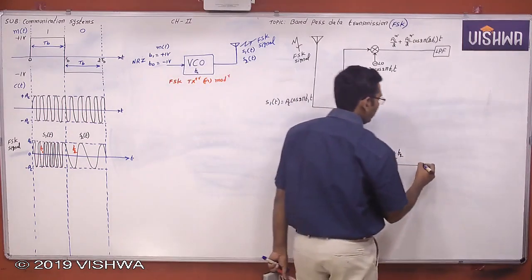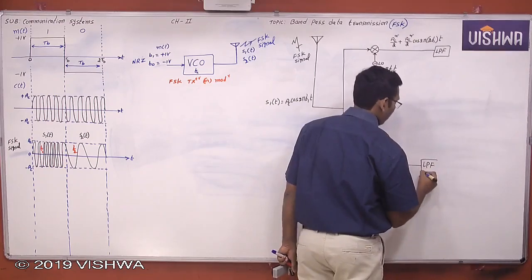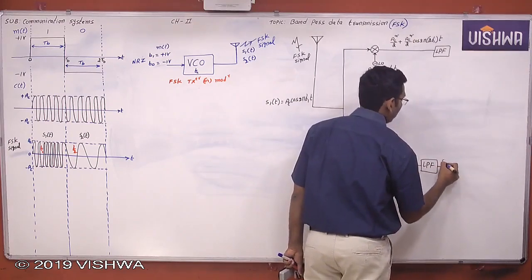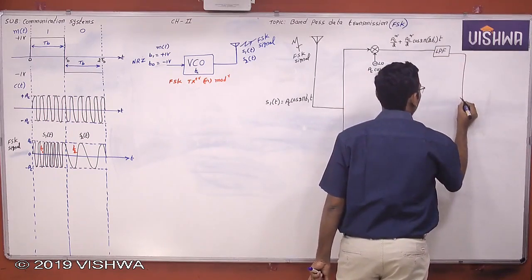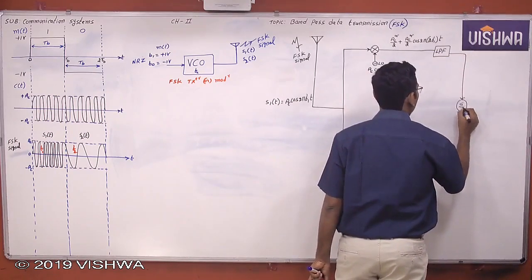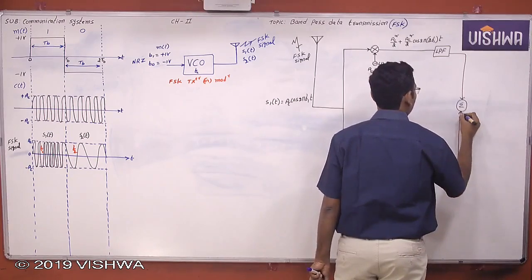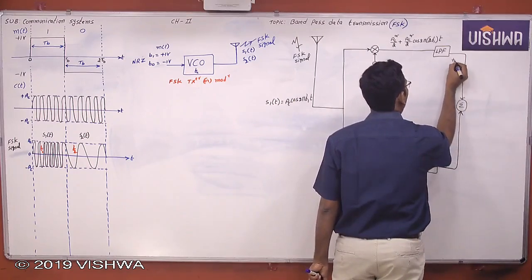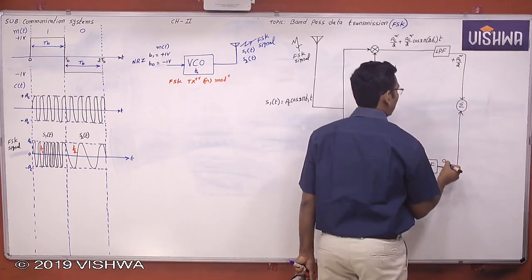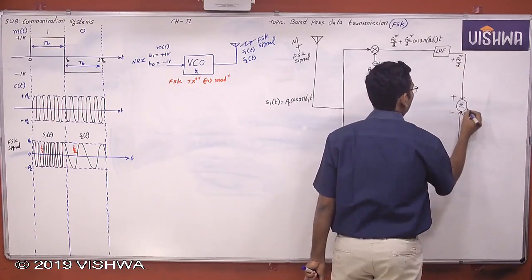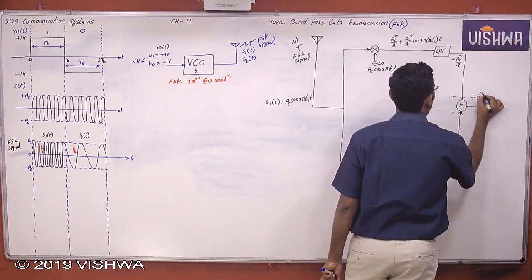Now this low pass filter will not allow these signals, so this is 0. What is the output here? It is plus AC square by 2.